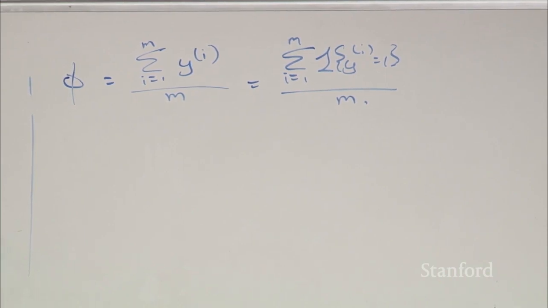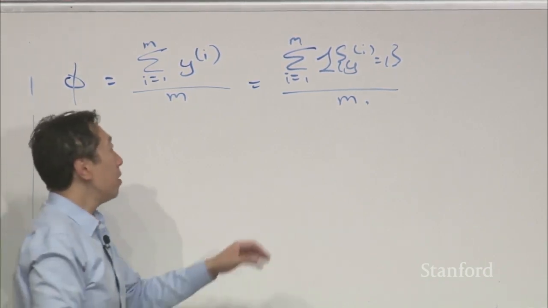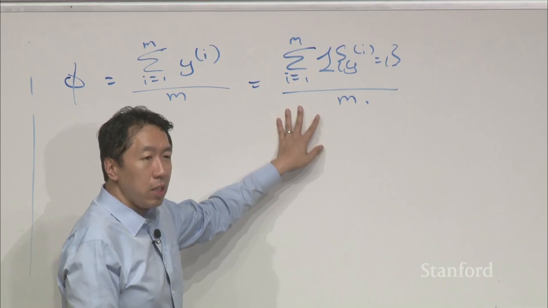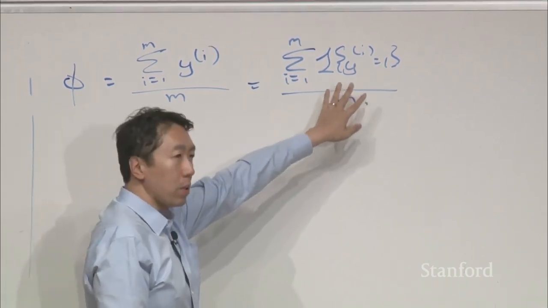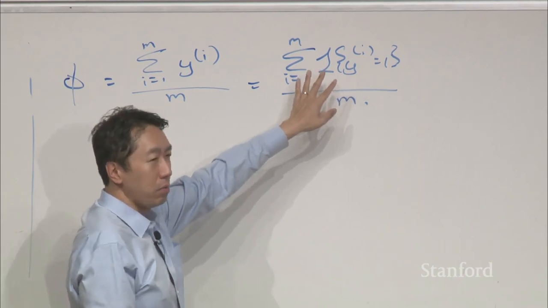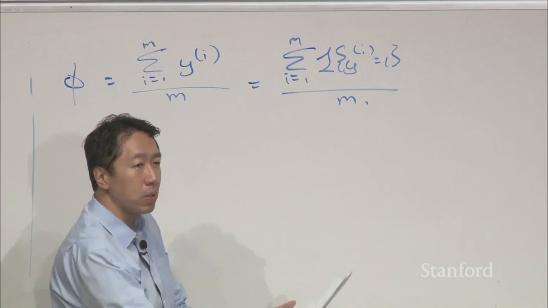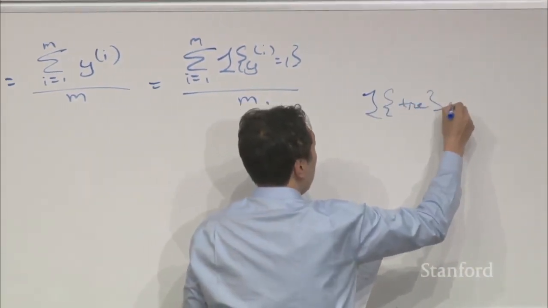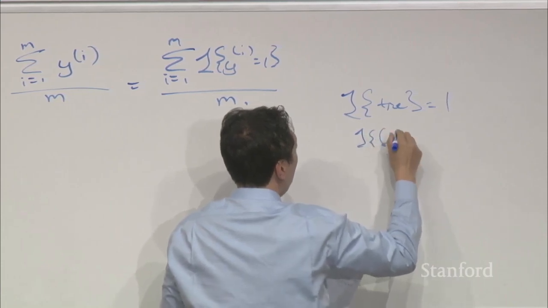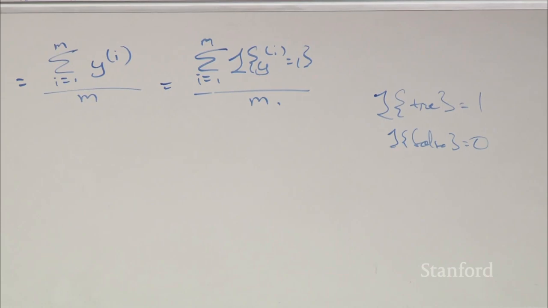No. Okay. So this notation is an indicator function, where indicator of y_i equals 1 returns 0 or 1 depending on whether the thing inside is true. So the indicator of a true statement is equal to 1 and the indicator of a false statement is equal to 0. That's another way of writing this formula.